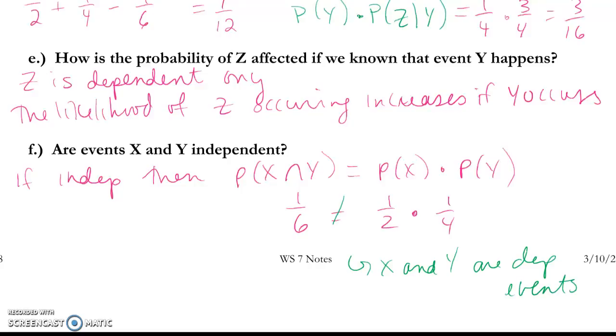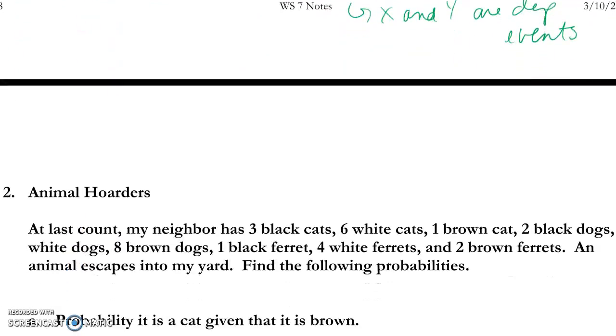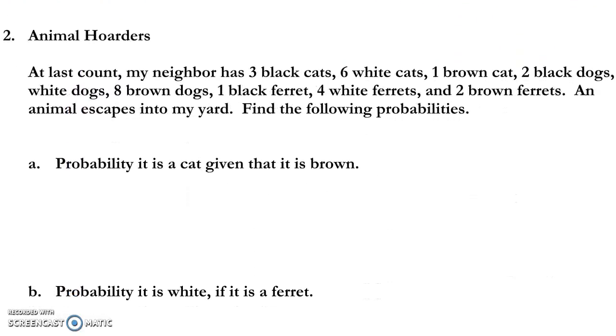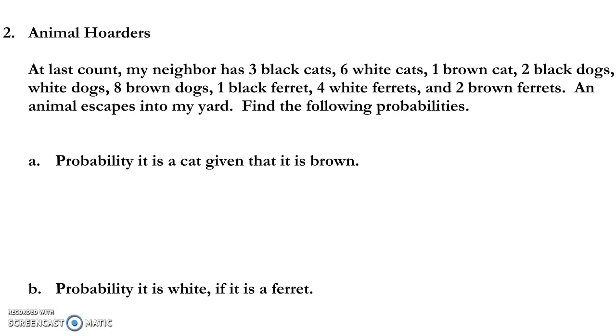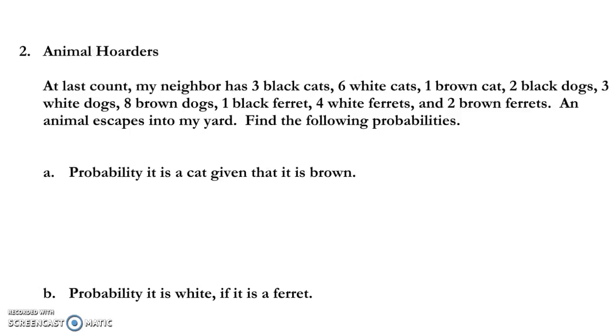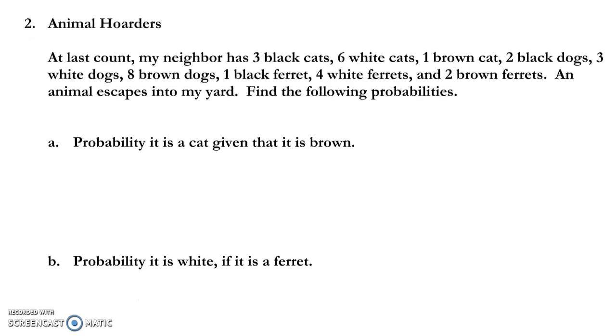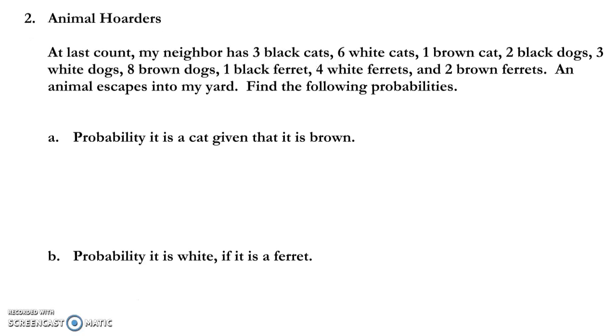All right, let's go on to page 2. Down here on page 2, we have this scenario with a lot of animals. In this case, I would recommend that you make a chart to help analyze all of our information. We have cats, dogs, and ferrets, and they are colored black, white, and brown.